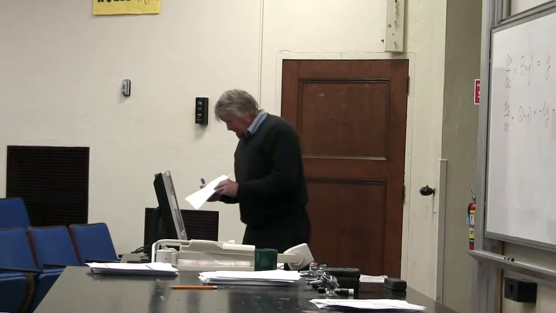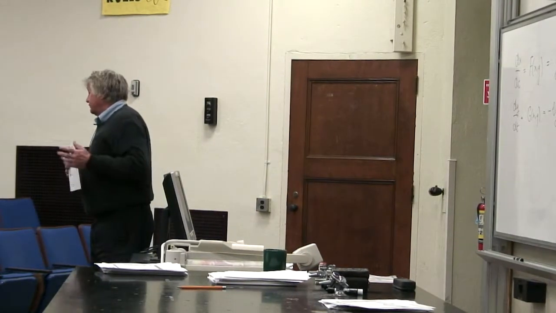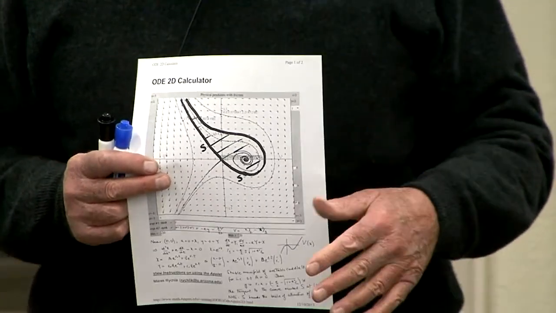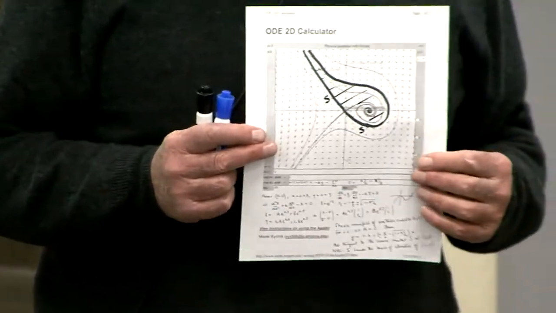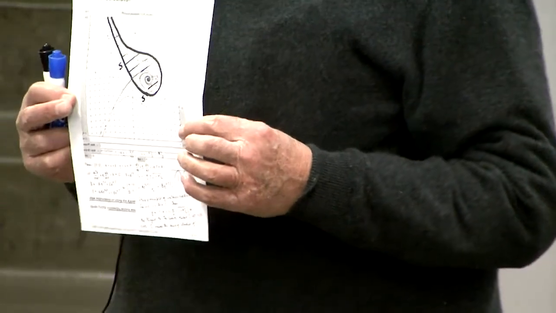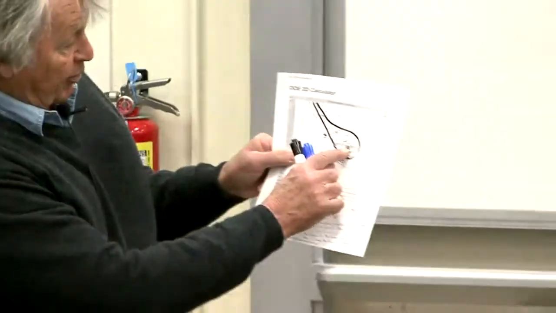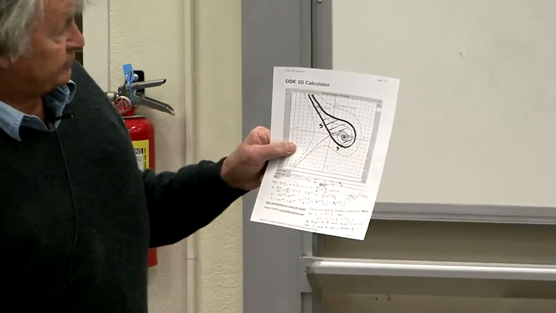Now, what we've done is we've established what the equilibrium points are by calculation. So the next thing we always do is just go to the computer and play and see what things look like. Now, notice that the point 1, 0 now becomes a stable spiral.